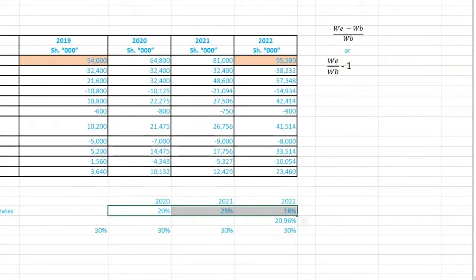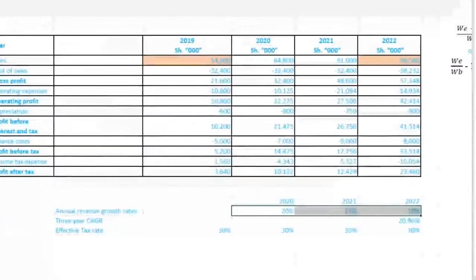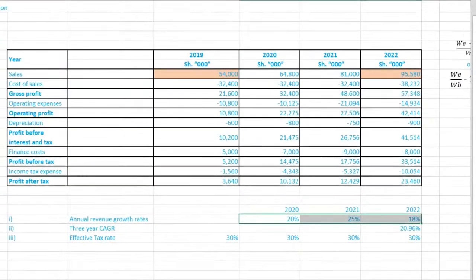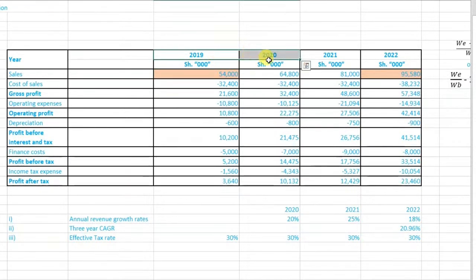For the cumulative annual growth rate, which is also called CAGR, by industry convention, we compute the 3-year CAGR as follows. We first of all get the value at the end. We divide that against the value at the beginning of the 3-year period. Why we're saying it's 3 years, it's because from here to here is 1 period, from here to here is 1 period, and from here to here is 1 period. So that represents 3 years.